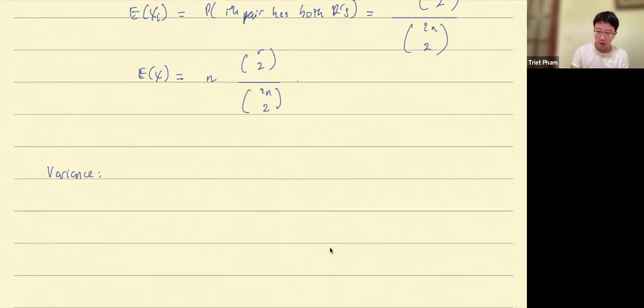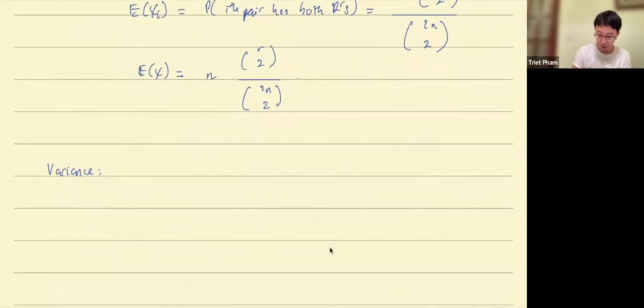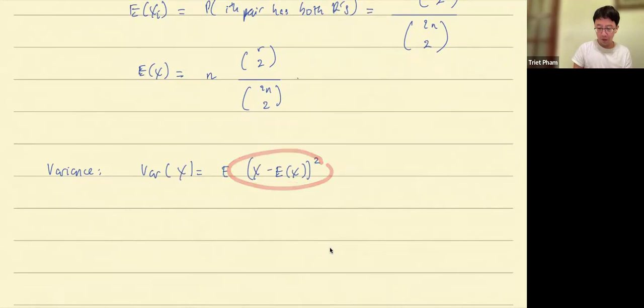So variance, by definition, is the mean square error of X away from its mean. It's like the average distance of X away from its mean. So it measures the spread of a random variable. That's the meaning of the variance.